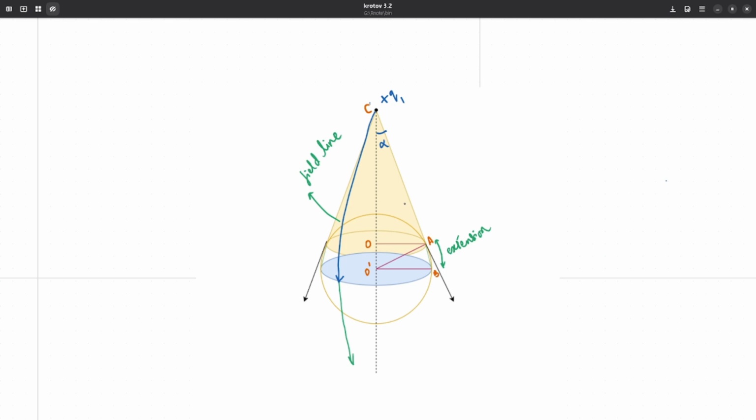A field line emerges from plus Q1 and passes the base of the lower small hemisphere without touching its lower surface. So we have to find the surface area of the cone along with the extension. Let us take the radius of the lower sphere to be mu, then O prime A is also mu.